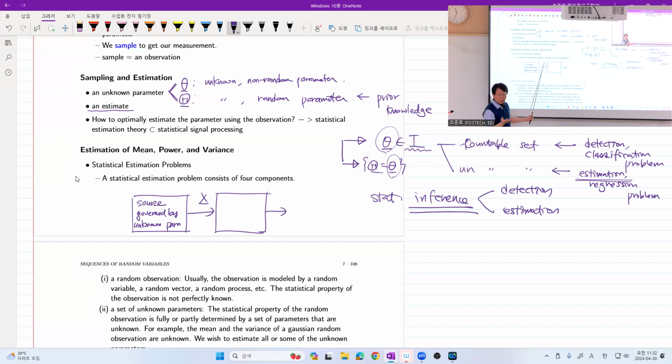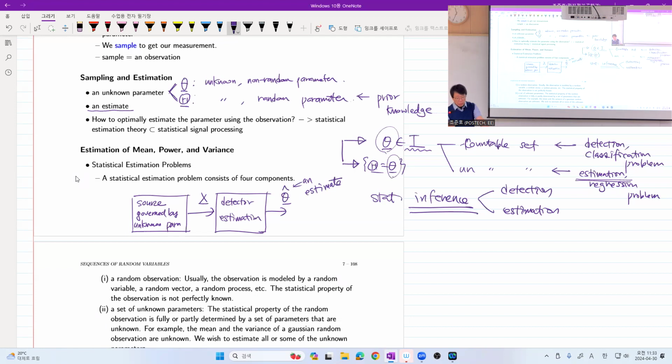It could be an IID sequence of random variables or a finite random vector, anything. This makes the inference and gives you an estimate of the parameter. Got it? This is called sometimes a detector and sometimes an estimator, depending on whether this data is a member of a countable set or an uncountable set. So this is called an estimate.